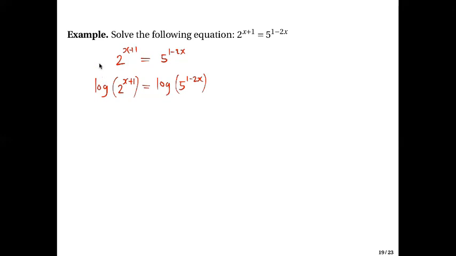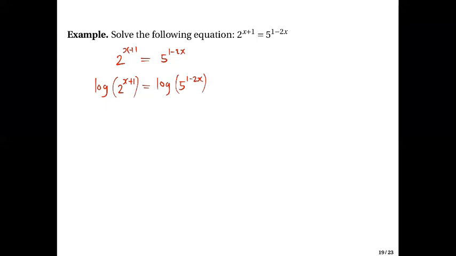So what you do on the left-hand side must be done on the right-hand side. You get the log of the left-hand side. You also get the log of the right-hand side. And then from here, 2 has exponent x plus 1. We can bring it down. In here, 5 has exponent 1 minus 2x. We can also bring it down here.